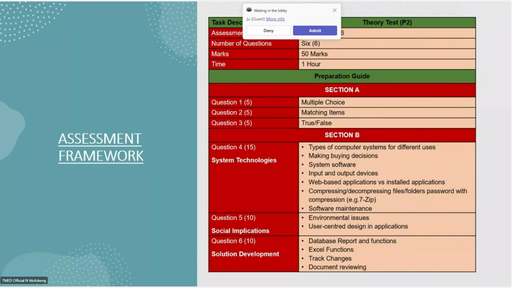Lastly, under social implications, we have user-centered design in software applications. That is where you design your website, database forms, presentation documents, or information. So you also need to understand the importance of user-centered design.